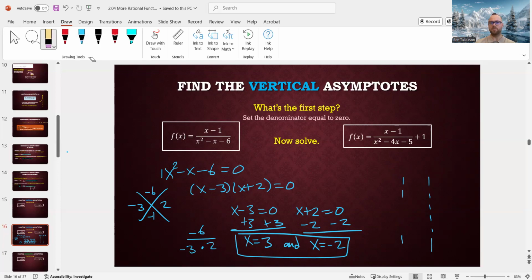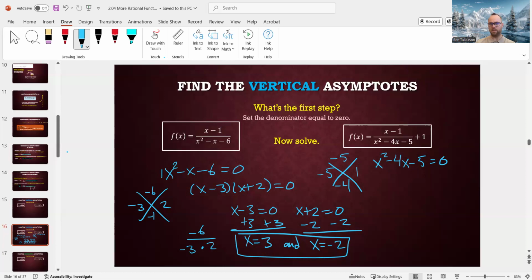Now let's do the same thing with the other one. Denominator equal to 0. Solve for x. Again, it's a quadratic. Again, x method. A times c. B. 5 on top, 4 on bottom. That's how I know it's going to be a 5 and a 1, right? Because somehow we'll subtract those to get negative 4.